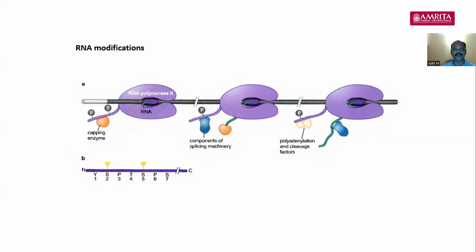But remember, what is really happening? When it is moving, the 5' is getting capped. As it is moving further, the introns are getting removed. Then finally, when it reaches the end, you can see the phosphorylation pattern is slightly different.